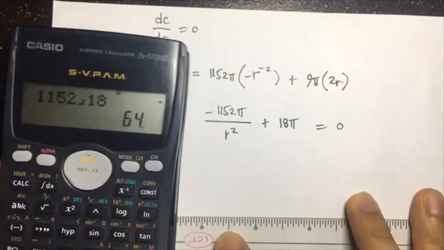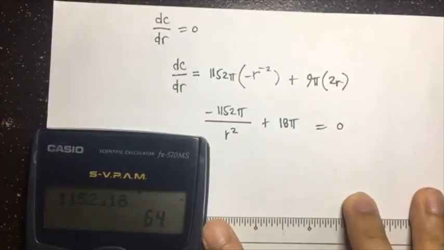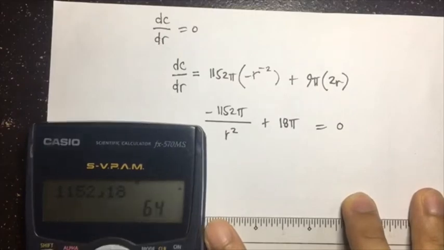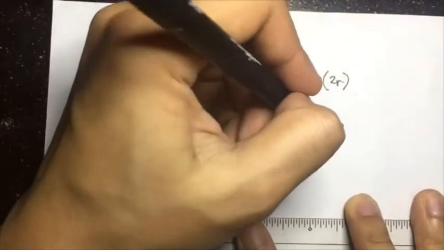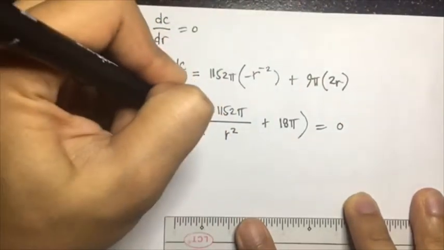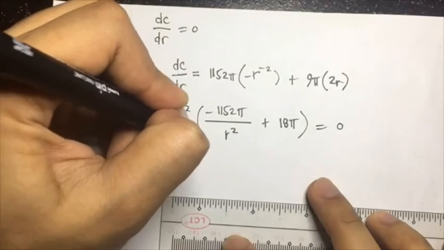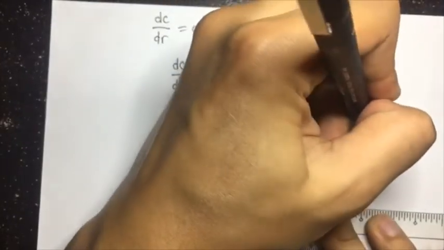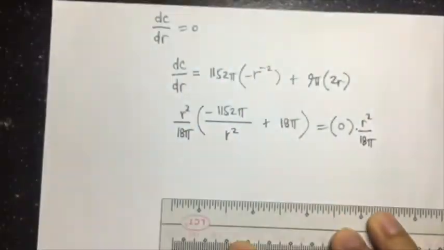So we can multiply both sides of the equation by r squared over 18 pi.